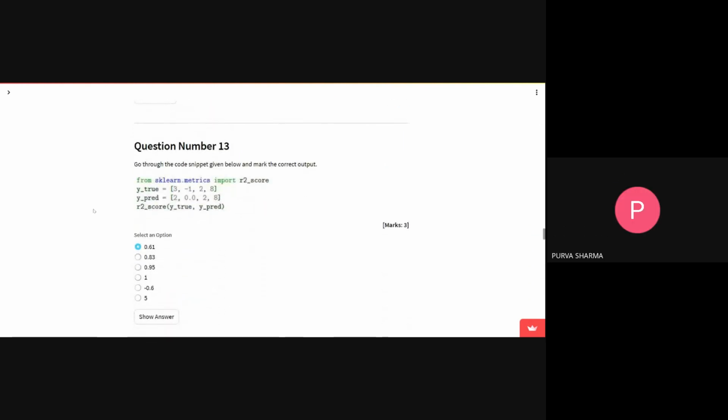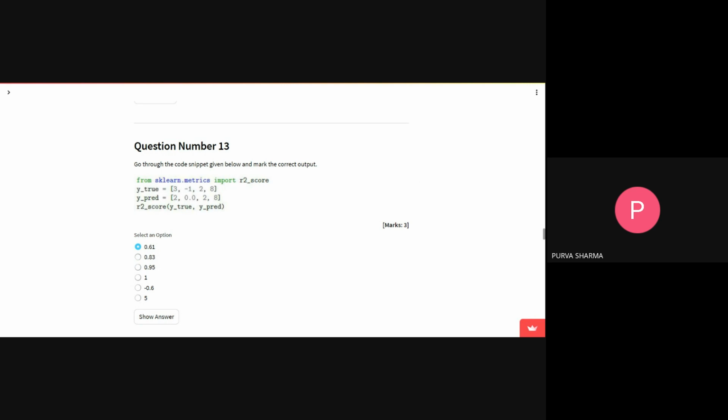Now here, from sklearn.metrics import r2_score. You have to calculate it because the options are very close. The range of the options is very small, so you will have to calculate this.